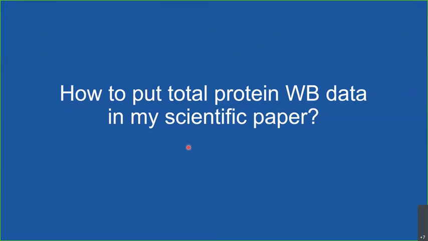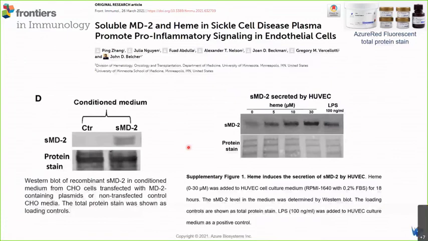It's very simple. This is a publication using AzureRed published 2 months ago. You can see that instead of single protein bands, housekeeping proteins that we normally see like actin, GAPDH, and so on, they are using the total protein stain as the normalization control.